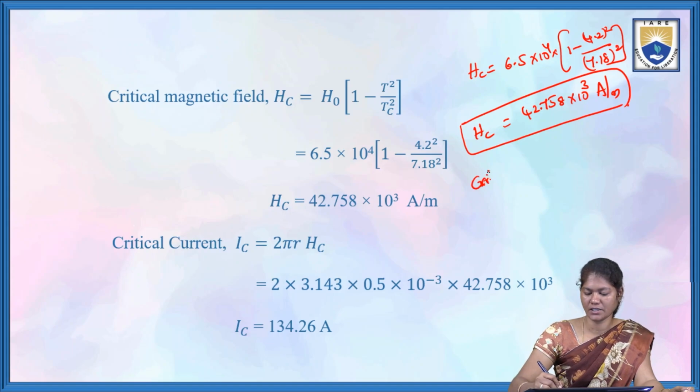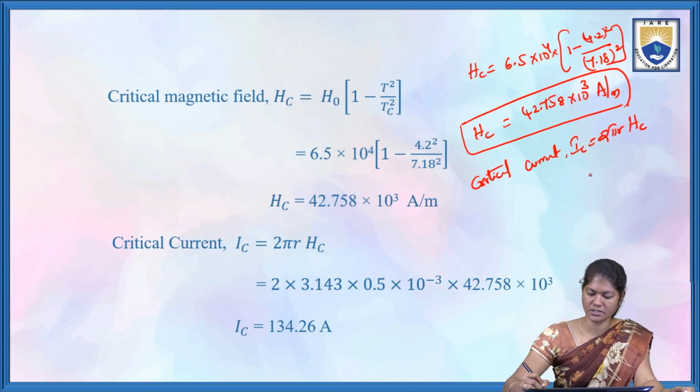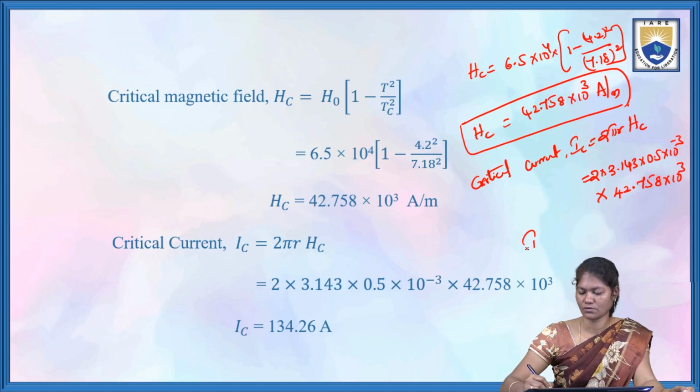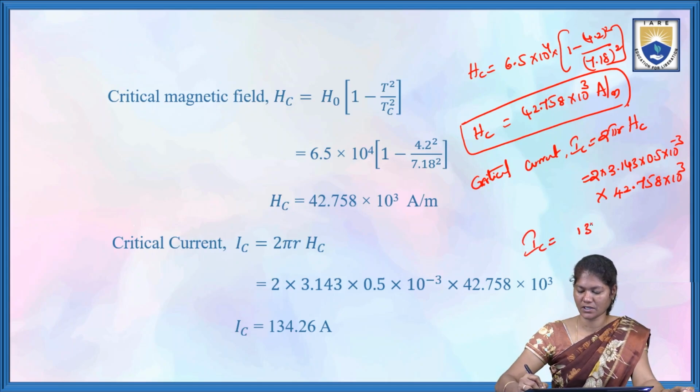Then the critical current IC equals 2 pi R Hc, which is 2 into 3.143 into 0.5 into 10 power minus 3 into 42.758 into 10 power 3. So the critical current IC becomes 134.26 amperes.